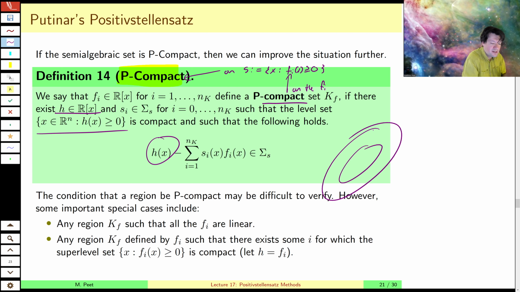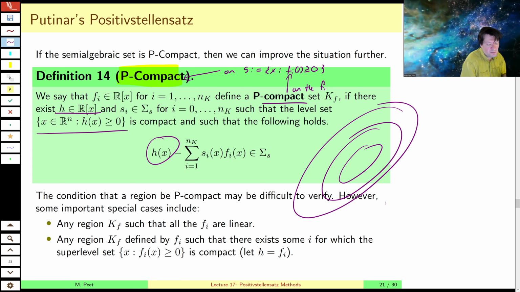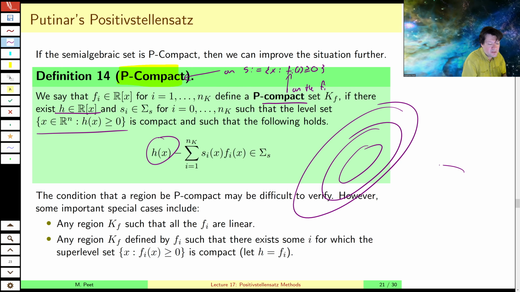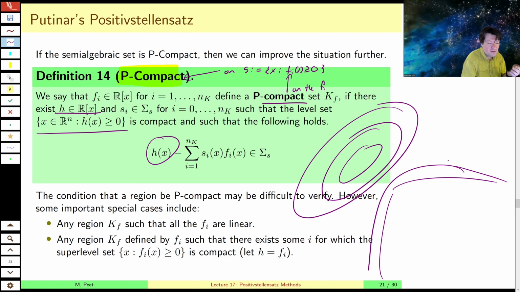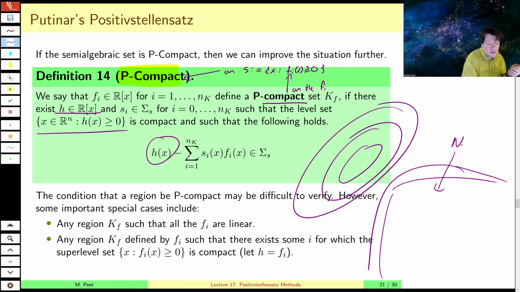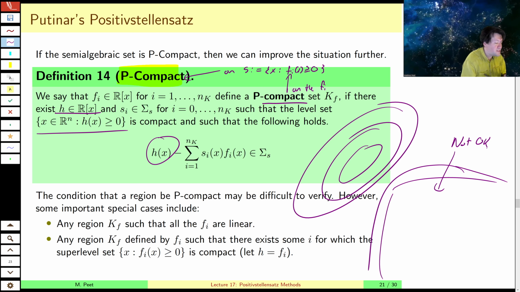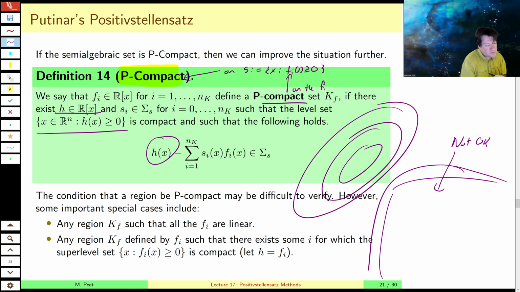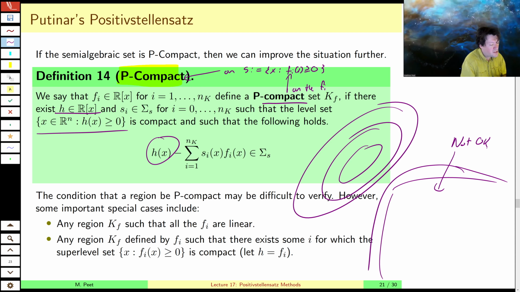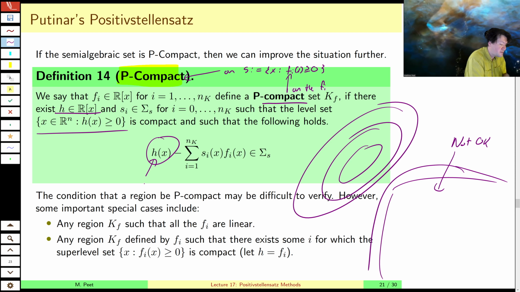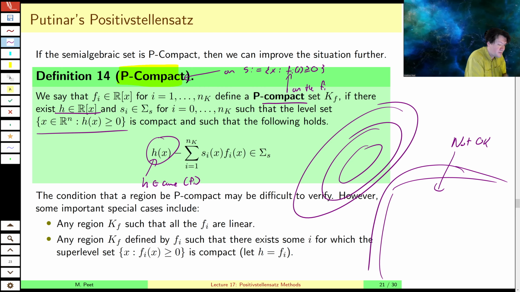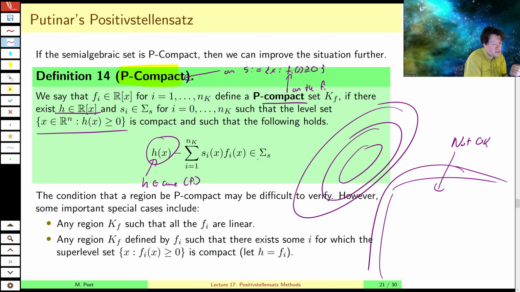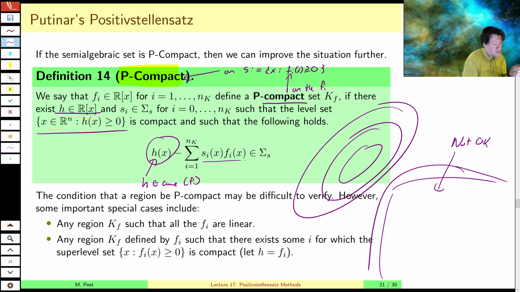This is a problem because you can have a polynomial where one of those level sets goes off to infinity, right? So that's not okay. Basically, it requires the existence of a valid inequality, or actually an element of the cone of Fi, so that H is the sum of squares plus these valid inequalities.